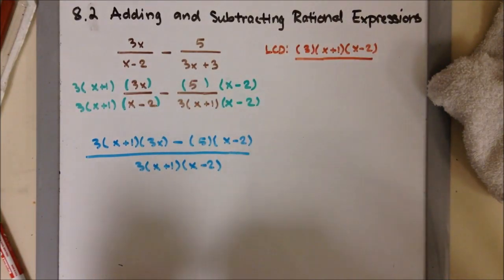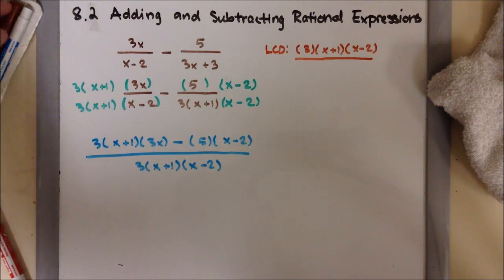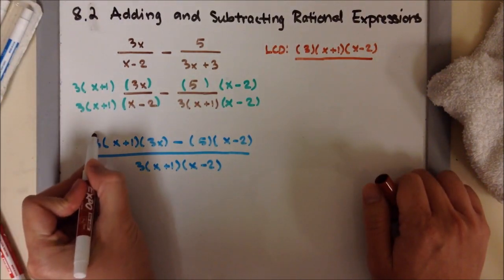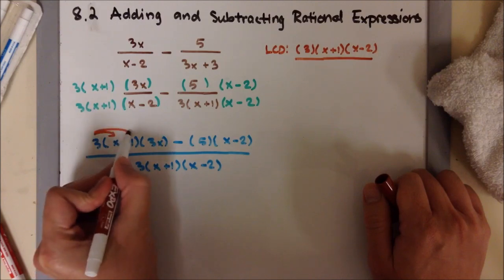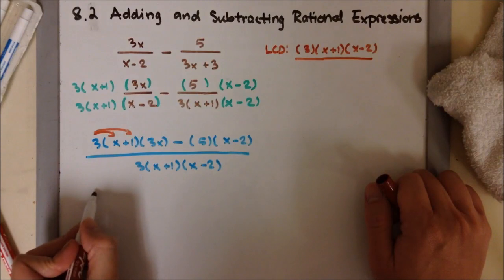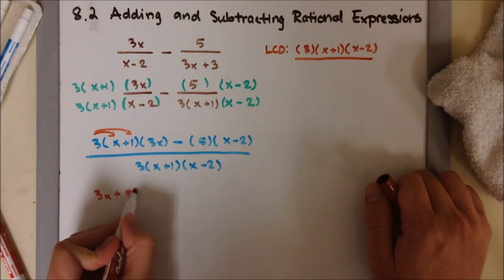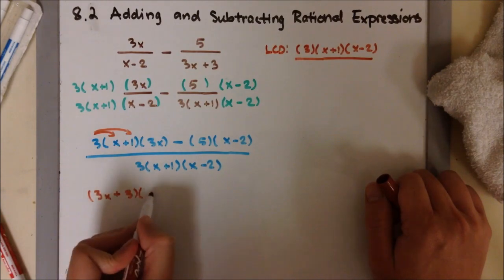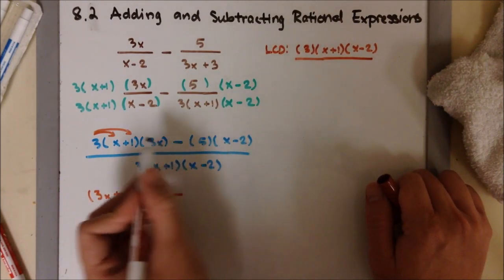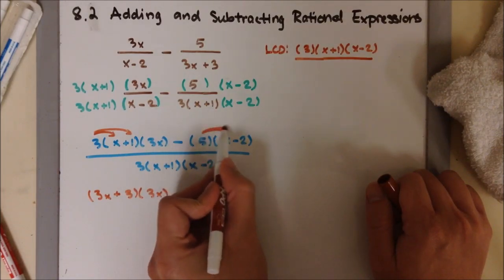Alright, I'm going to do this step by step when I'm multiplying in the numerator. Here, I'm going to distribute the 3 to the x and the 1. So I'm going to have 3x plus 3 in parentheses multiplying with the 3x minus, now here I'm going to distribute the 5 to the x and the minus 2.